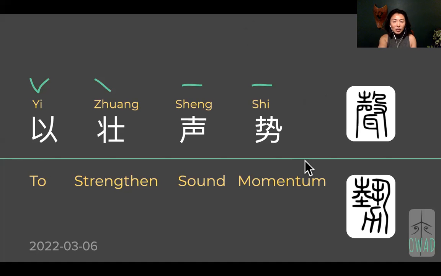以状声势, when we talk about 势, which together means momentum, can be separated into this complicated structure. The meaning maker at the bottom means power. It's 力, because it looks like a farming tool, or somebody says this is tendon connecting the bones.